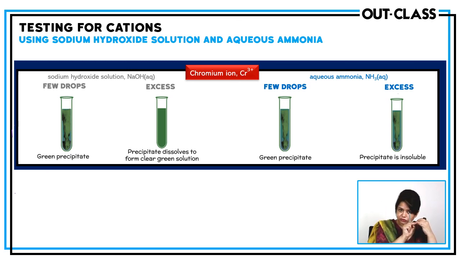In excess of sodium hydroxide, green precipitate of chromium hydroxide is soluble. It forms a green solution. With aqueous ammonia, chromium also forms green precipitate which remains insoluble, just like iron 2 precipitate. But aqueous ammonia से नहीं, sodium hydroxide से हम इन दोनों में differentiate कर सकते हैं.